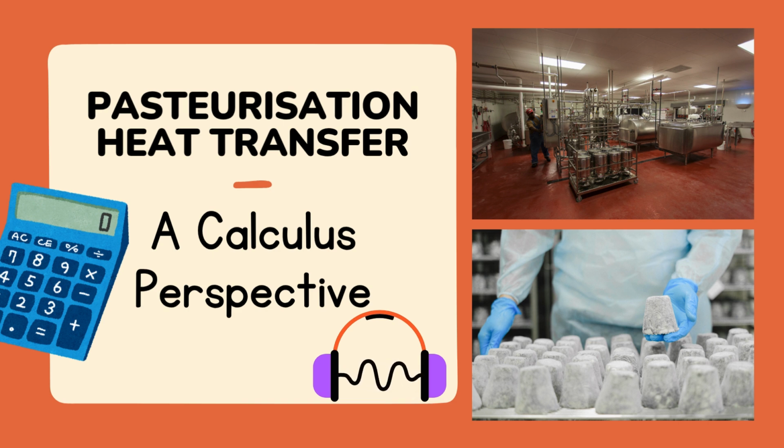Absolutely. They calculate that F0 value, which comes straight from integrating the heat transfer rate, and they check it against the safety standards for that food. It's really the mathematical proof that the process worked, that enough thermal energy got delivered to kill the pathogens, even when the rate wasn't constant. So without integration, they couldn't actually be sure if the rate was variable. They couldn't be nearly as accurate, no. It provides that necessary precision.